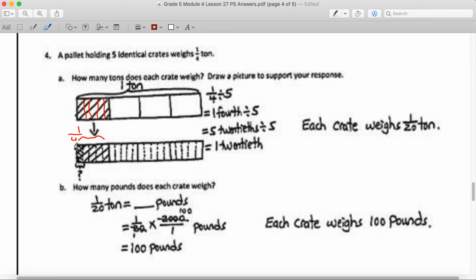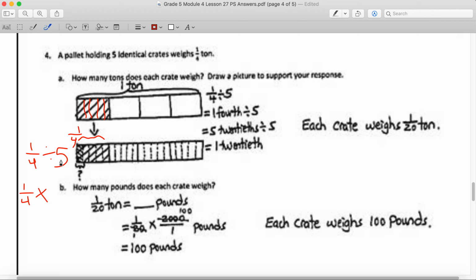So what's 1/4 divided by 5? We know how to do this, and this is them using the unit language again. 1/4 is 5/20, and 5/20 divided by 5 is 1/20. Okay, we know the math of this though.